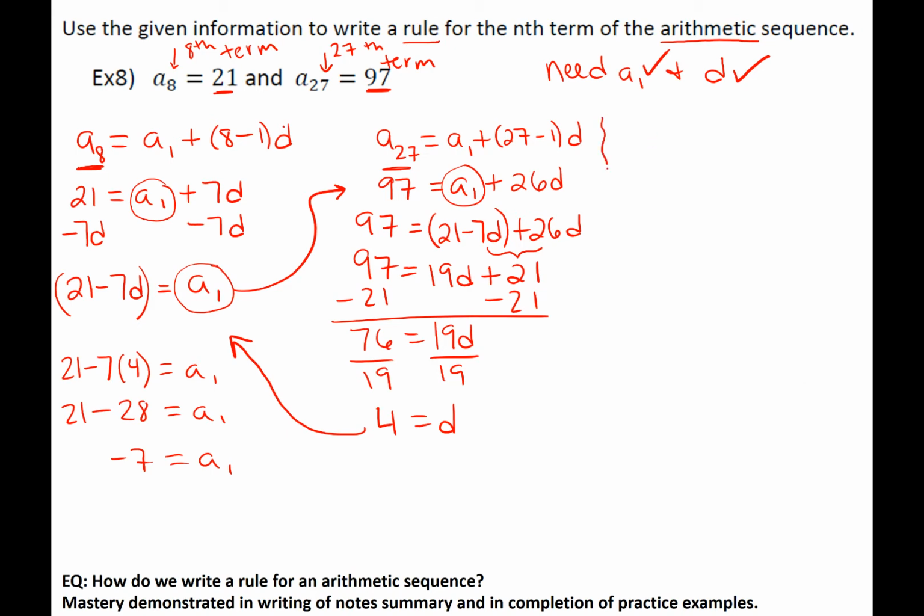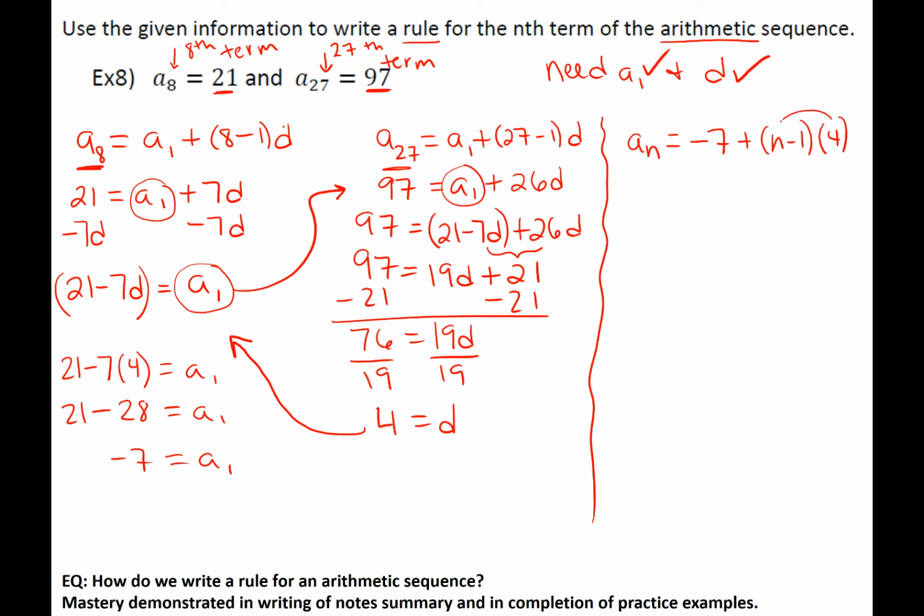Now that I have my a sub 1, I can go back then and write my formula or my rule. So here goes. Writing the rule. So I'm going to say a sub n equals, and this is a place where I'm only plugging in the a sub 1 and the d to actually write the rule. So negative 7 plus n minus 1 times 4.